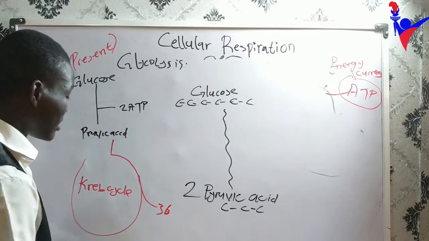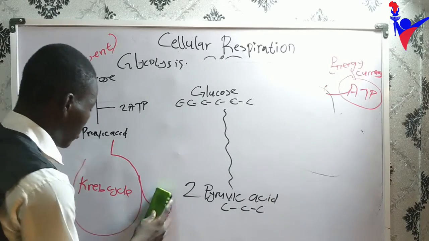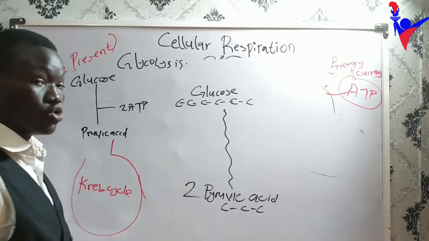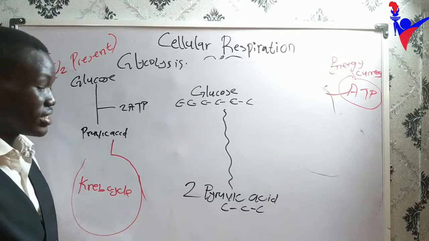So pyruvic acid enters the Krebs cycle and releases much more ATP for our body to use, for the cell to carry out other cellular activities.